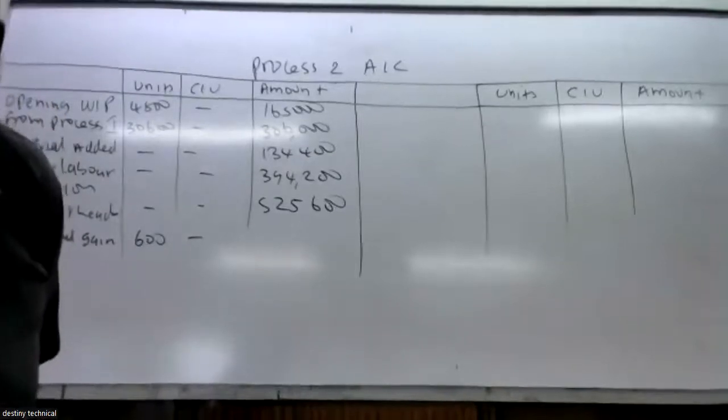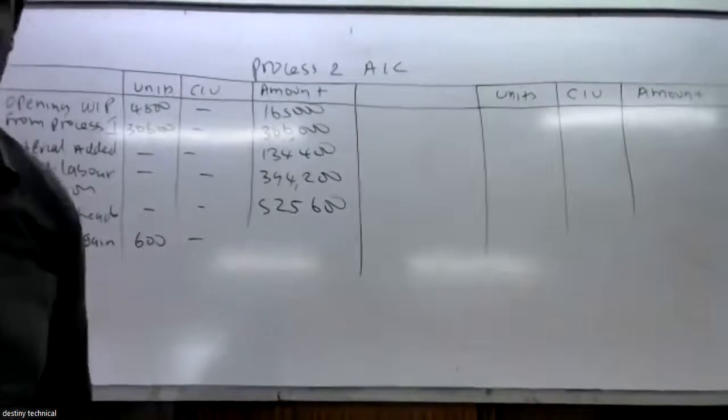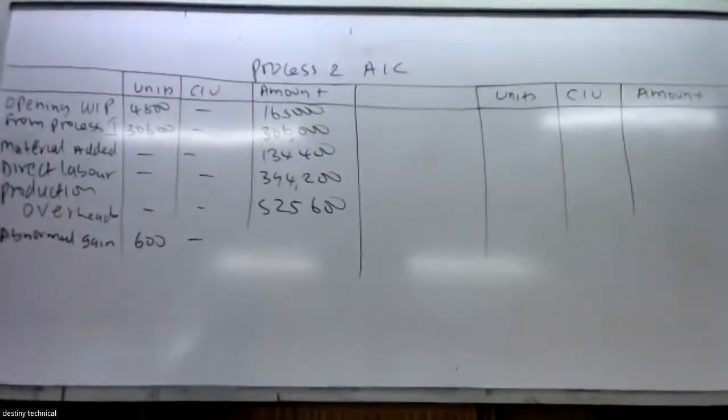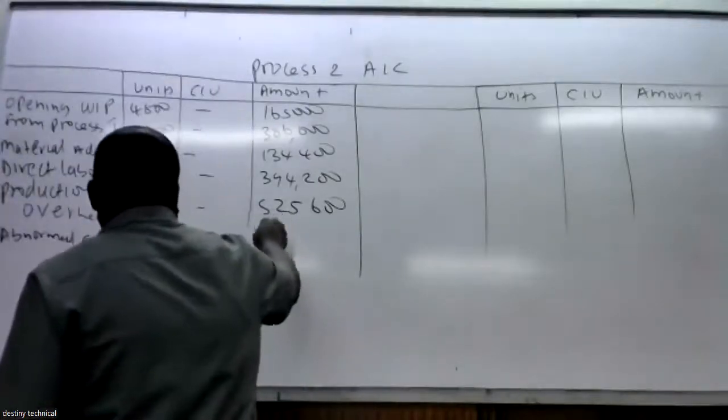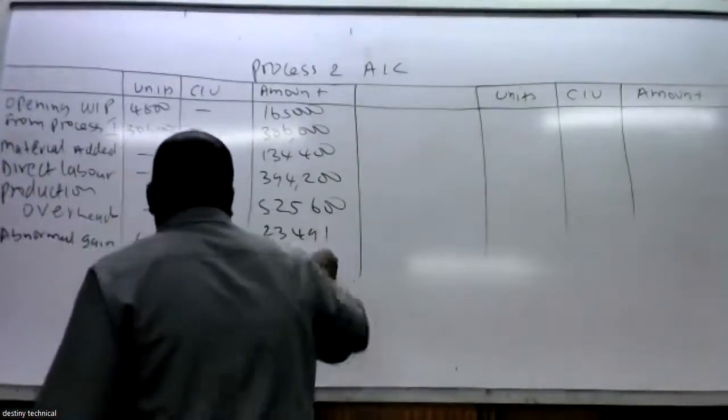What figure are you getting as valuation for the abnormal gain? $23,491.